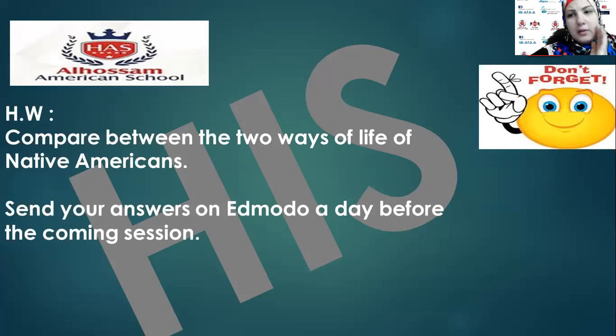What do they hunt? While for farming, you are also going to tell me, what do farmers do? Where do they live? And pay attention to an important point, which is that hunters move from one place to another, while farmers stay in the same place. Is this clear? No questions from any of you?